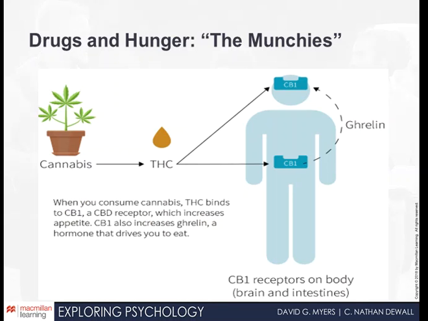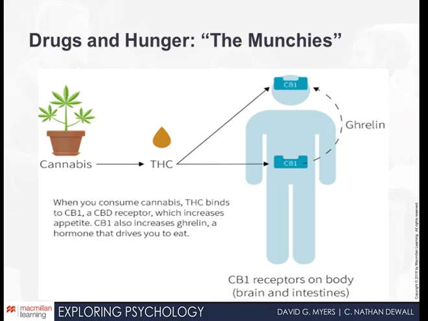So, drugs and hunger. As we've talked about in a previous lecture, we know the consumption of cannabis can cause something called the munchies. And I just want to go real quickly to describe to you what that process is. So when you consume cannabis, there's a substance, the active ingredient, THC. What will happen is it will bind with these cannabinoid receptors in the body.